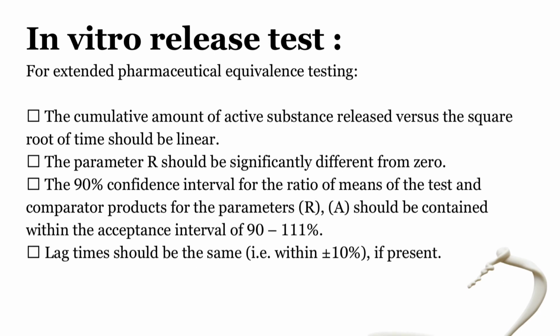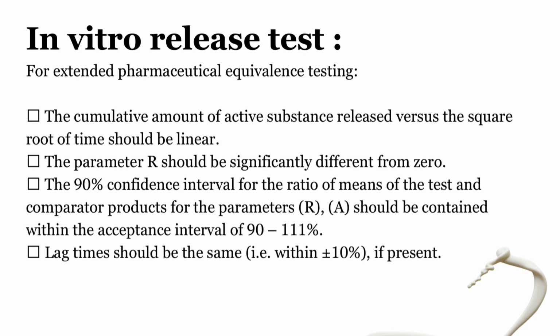For the pharmaceutical equivalence test, the cumulative amount of active substance released versus the square root of time should be linear. The parameter drug release rate should be significantly different from 0.